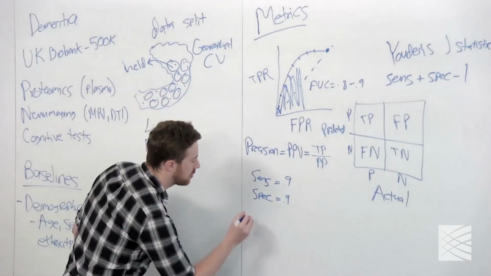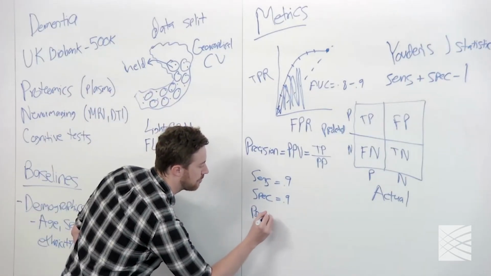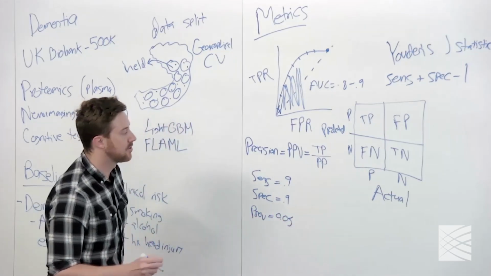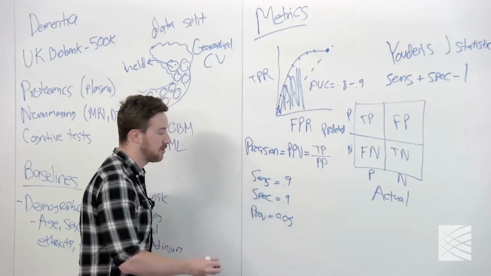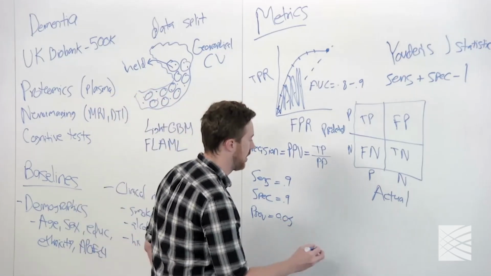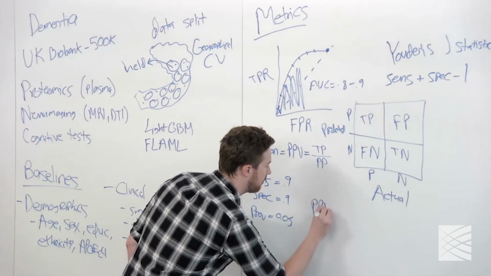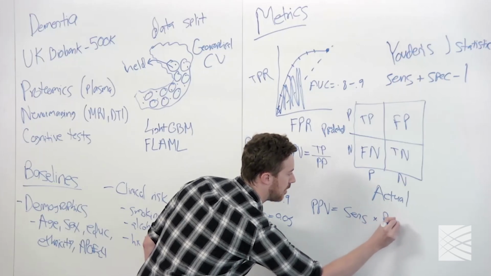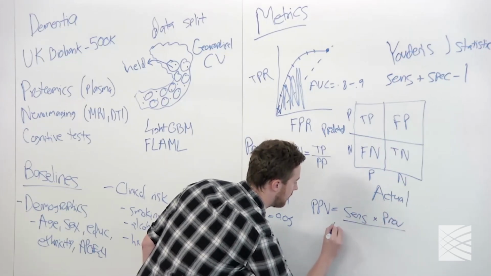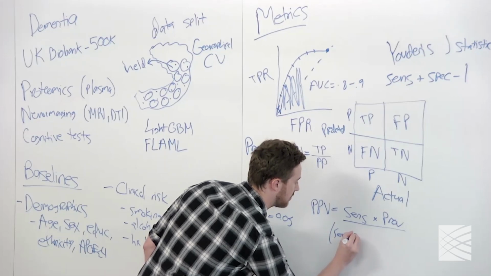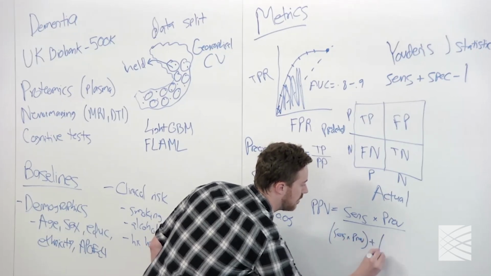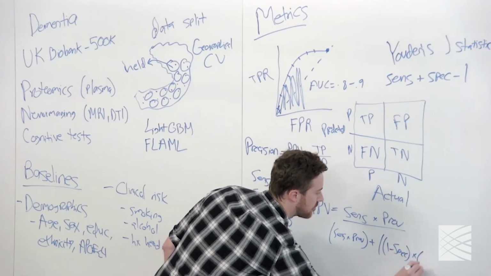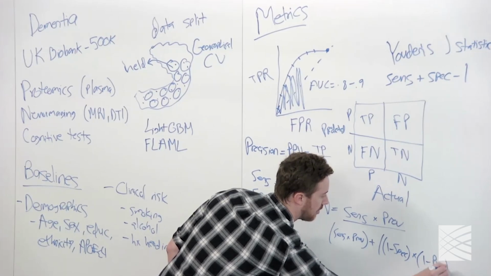But precision is also dependent on prevalence. So let's say only 5% of the people are in the positive class. So you can rewrite precision as a function of these three quantities, and you can do it like this. So PPV is your sensitivity times your prevalence divided by the same thing, sensitivity times prevalence, plus 1 minus your specificity times 1 minus your prevalence.